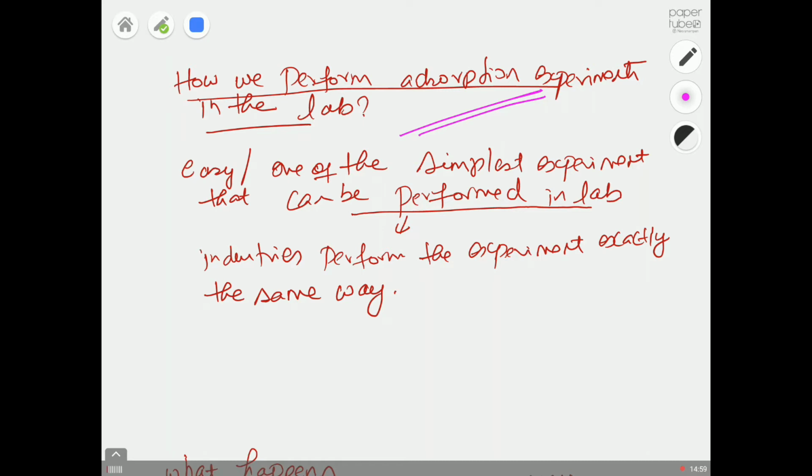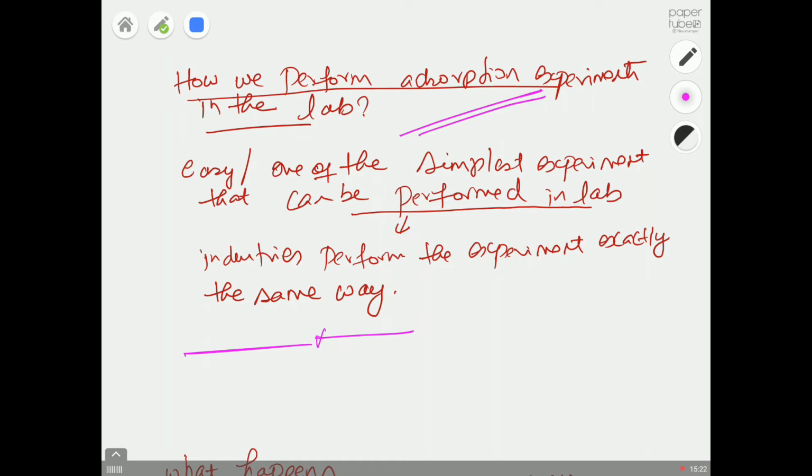Adsorption is extremely simple, and believe it or not, it's the same way they perform it in industry as well. If you know how to perform an adsorption experiment in the lab, you are going to repeat the same procedure in a larger unit in industries. It's so straightforward, very, very simple.